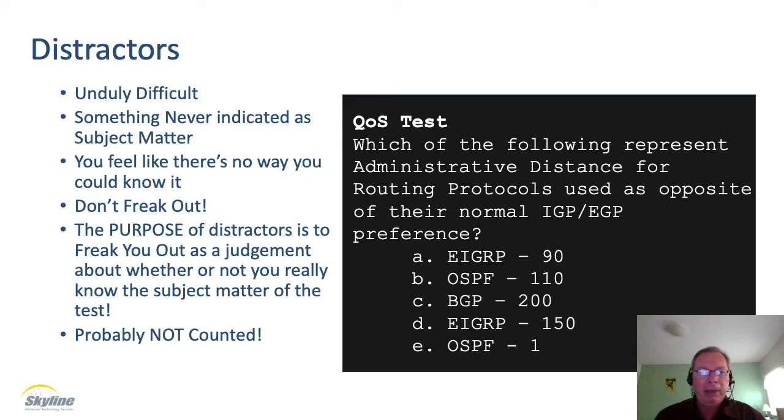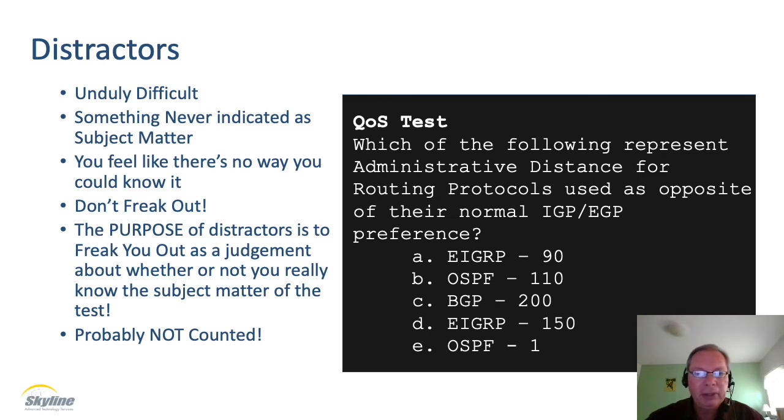It was never maybe indicated as the subject matter, or it's in much greater depth, and you just think to yourself, I have never had any clue that I should know that for this test. Don't freak out, okay? The purpose of the distractor is to freak you out as a judgment about whether or not you really know the subject matter of the test.